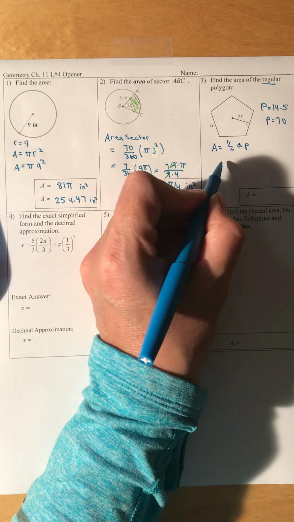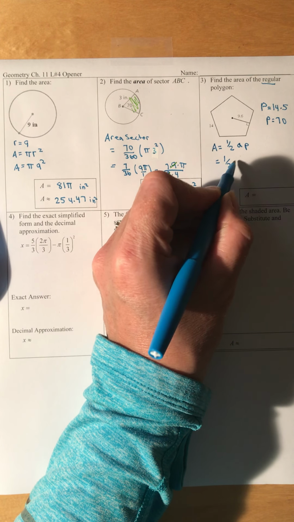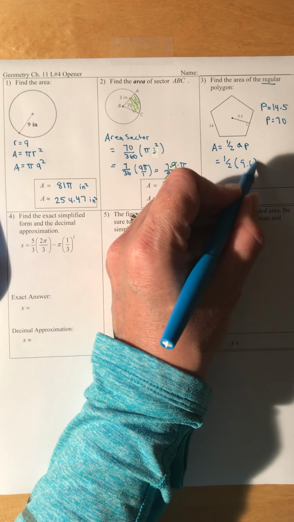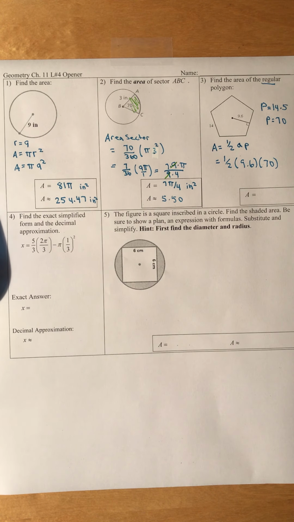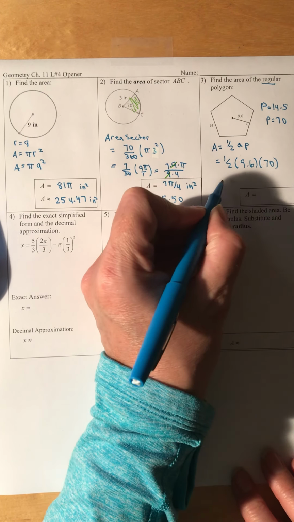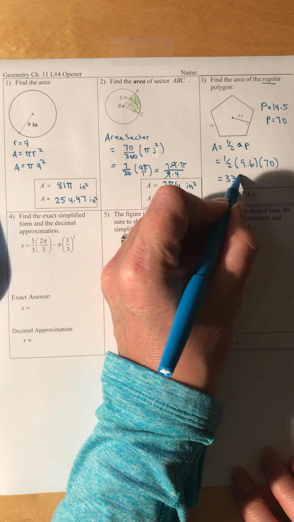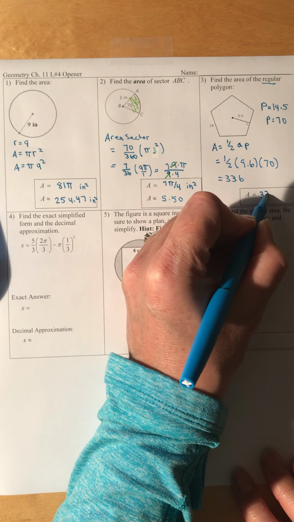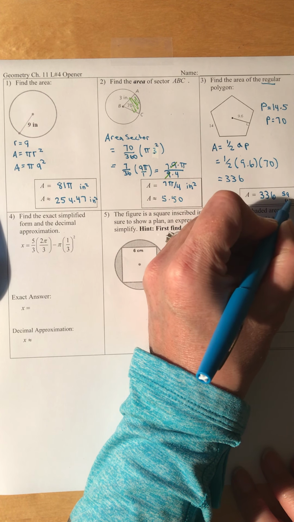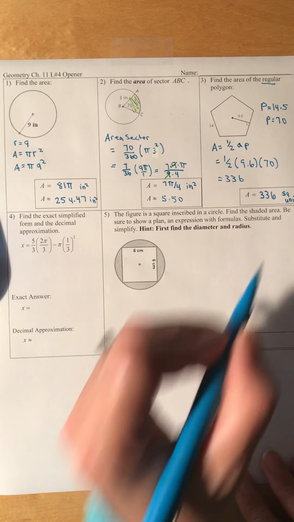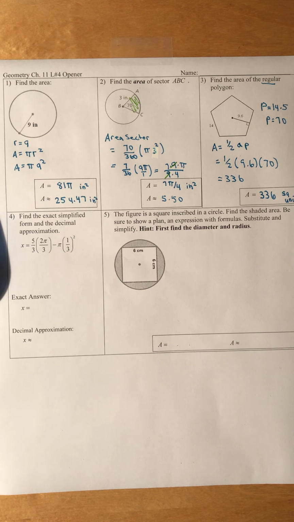And the apothem is 9.6, so the area will be 1/2 of 9.6 times 70, which comes out to be 336. It did not give me any units on this one, but I can still say square units is a good idea. If you leave that off, it'll be close enough.